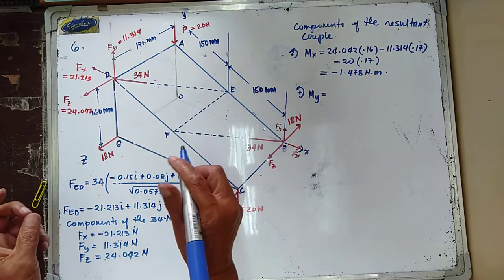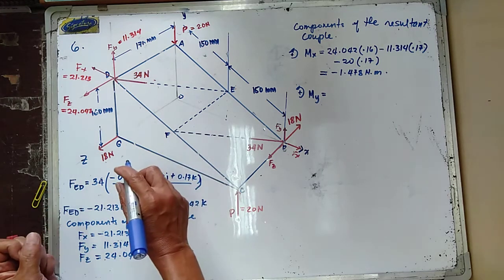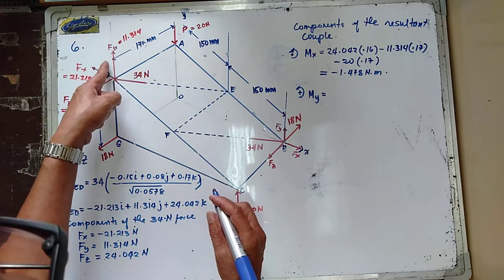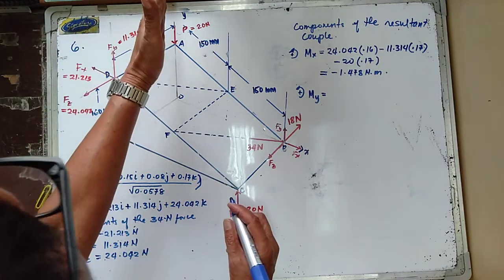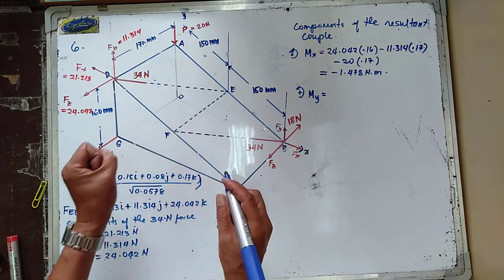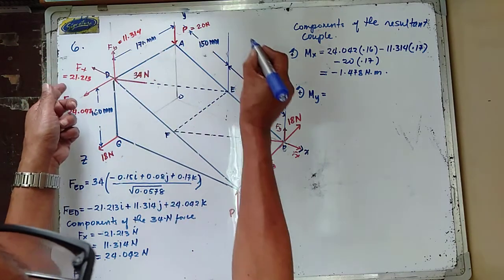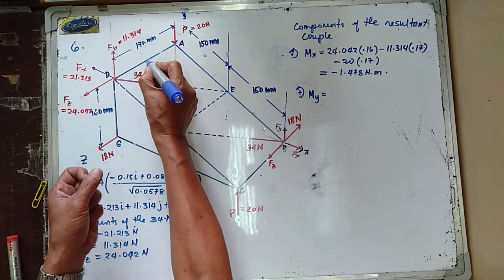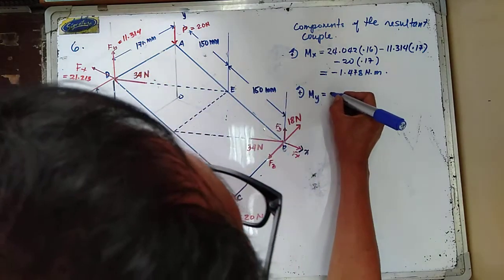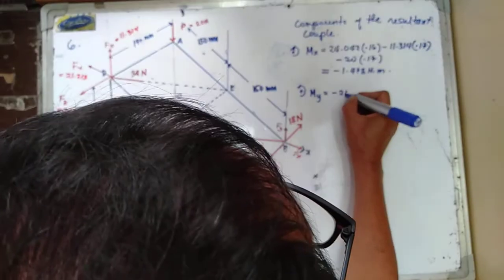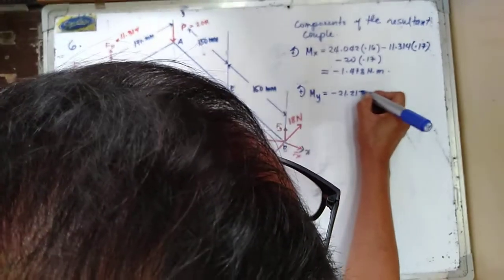Okay, so let's start now with your Fy. It is parallel to the y-axis, so it has no moment. Your Fx in here is going clockwise about the y-axis, so that is negative 21.213.